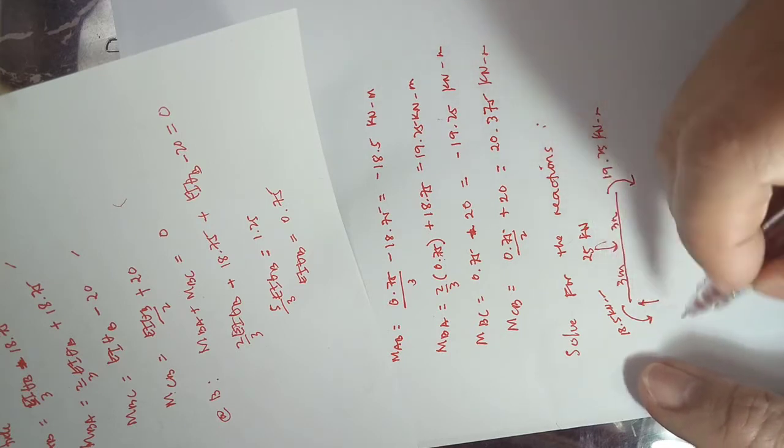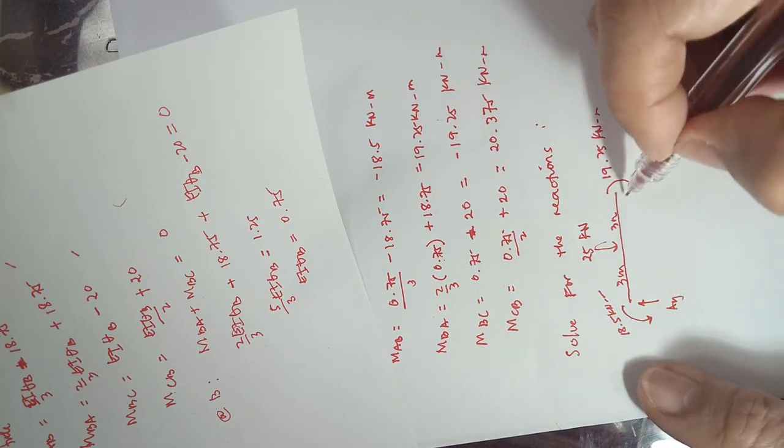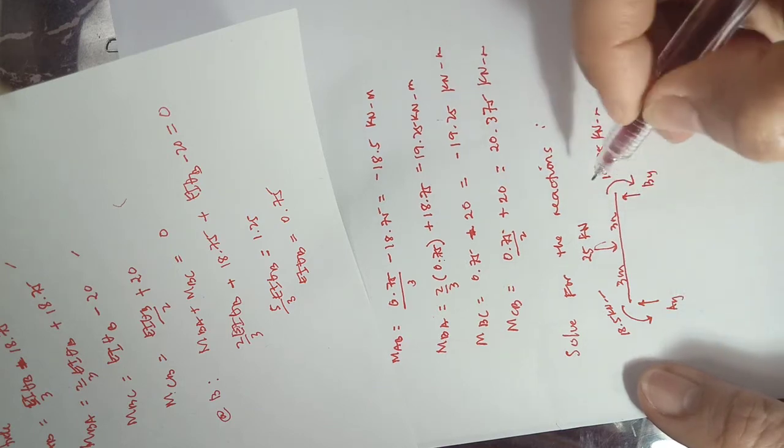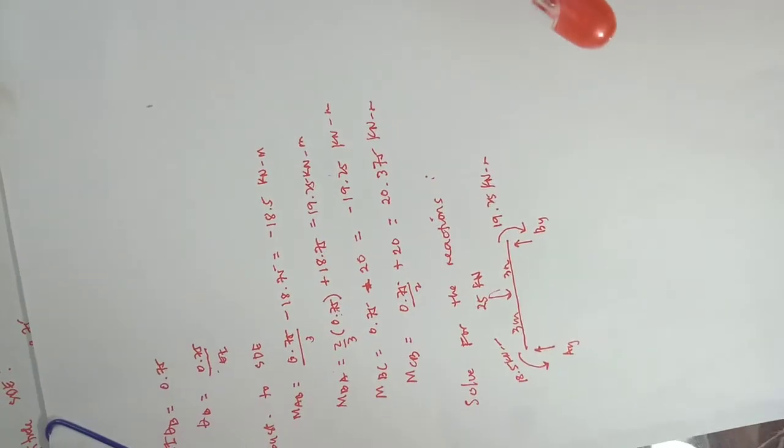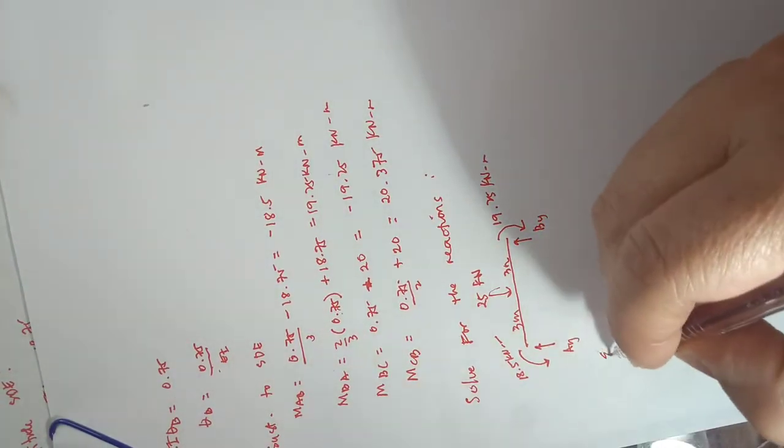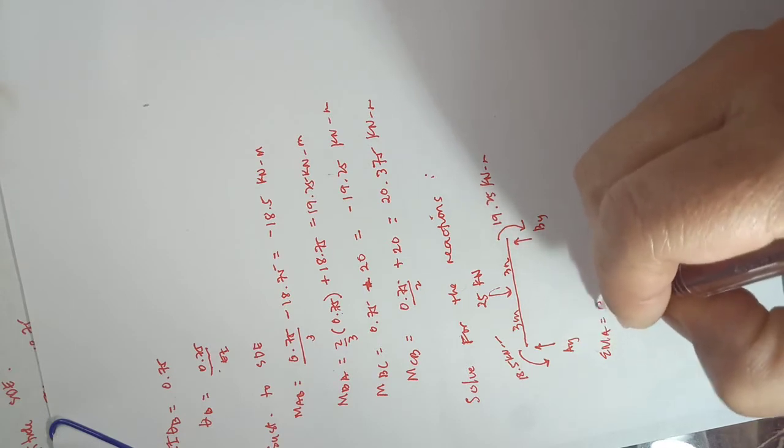Okay, so we can solve for the shear or reaction here. So this will be AY, and this one BY. Okay, so how to solve for AY and BY? Very easy. So just sum up moment at A equal to 0.